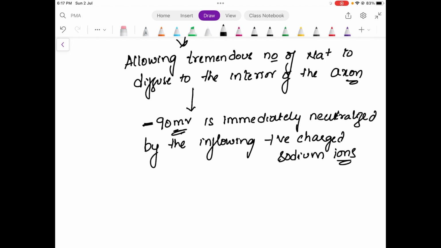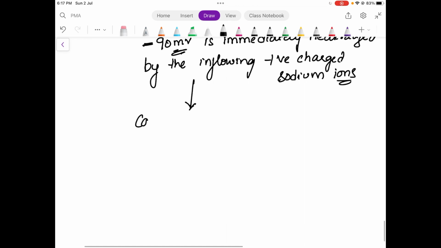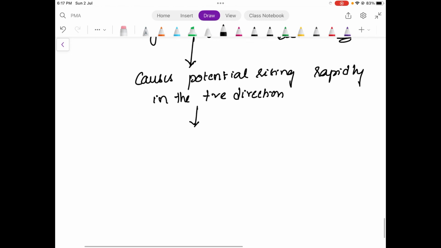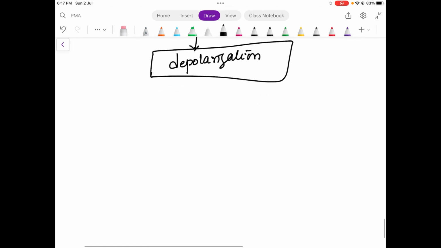This potential will move towards a more positive side. So that means it causes the potential to rise rapidly in the positive direction. Minus 90, minus 70, minus 60, minus 50, like that it will move towards the positive side. That is called depolarization.